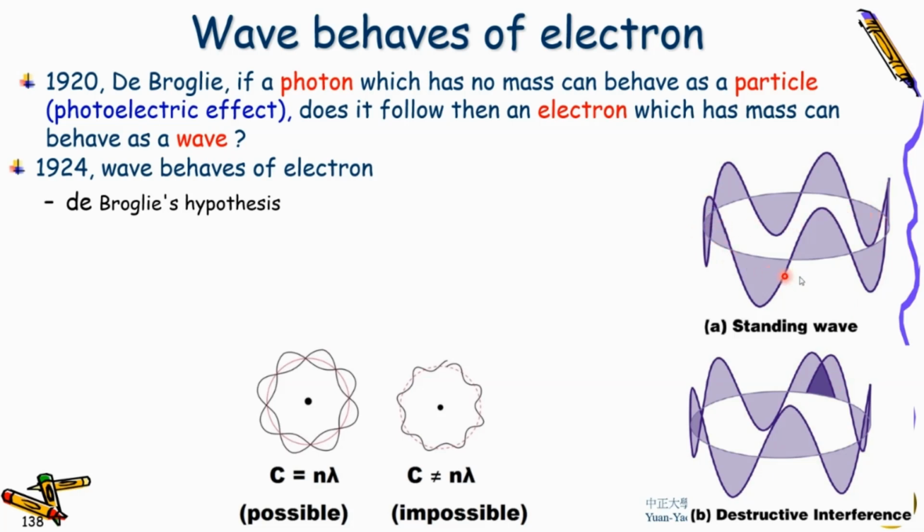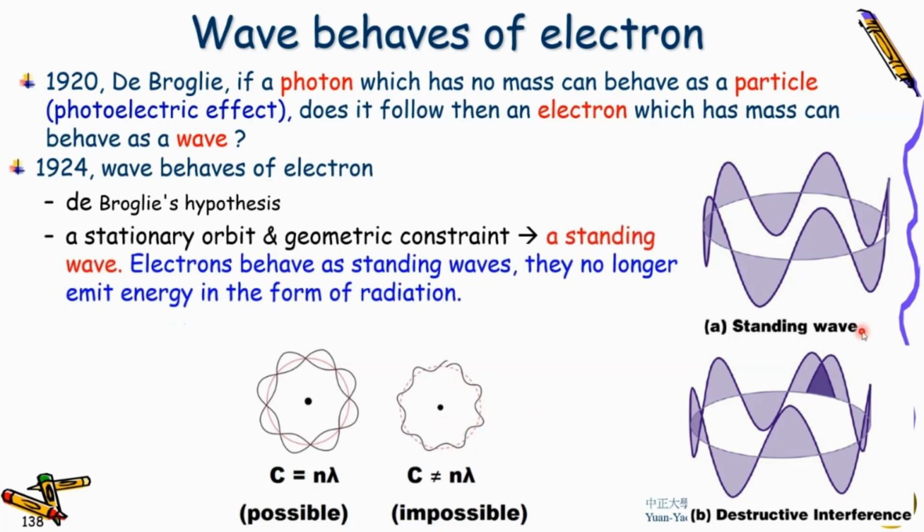If electron is a wave, it has to be a standing wave, right? Otherwise, the energy will be lost if you have destructive interference. It needs to be a standing wave. If it's not a standing wave, energy will be lost. So a stationary orbit and geometry constraints, it needs to be a standing wave.